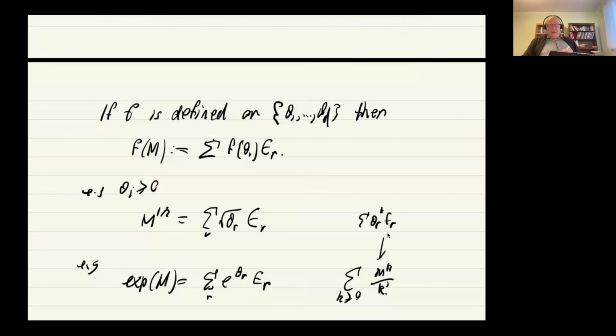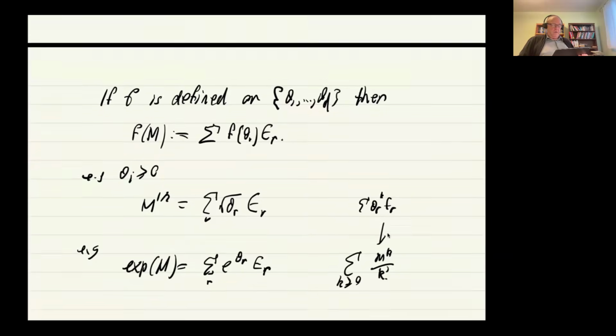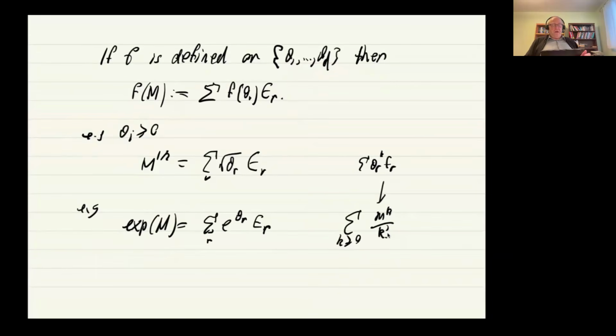Replace M to the k by the spectral sum, and then you've got a double sum, and do the obvious tidying up, and wave your hands and say everything converges when I need it, and deduce these two things are equal. Now, most of the time, it doesn't really matter. If you've got some function f defined on the eigenvalues of your matrix, then you can compute f of M, and it will mean what you think it means.